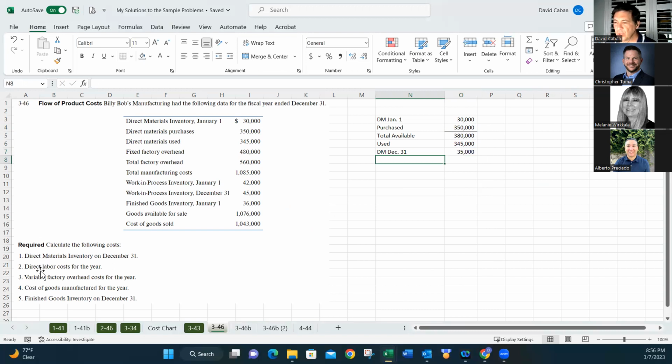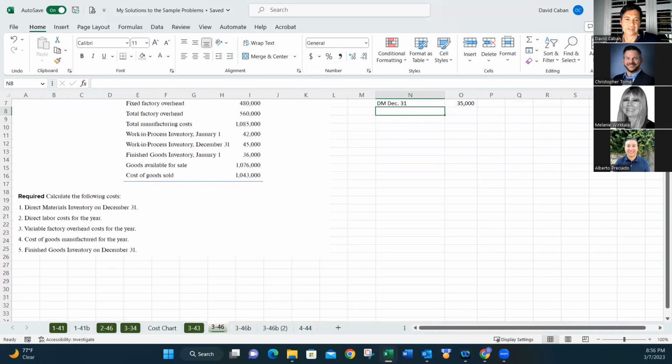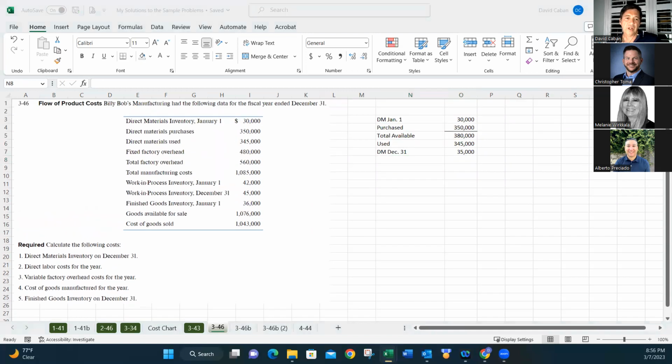Okay, next question. Direct labor costs for the year. Okay, so direct labor costs. So let's see how we're going to calculate this one over here. Says total manufacturing cost to account for. Total manufacturing cost to account for is, where's that? Total factory overhead.